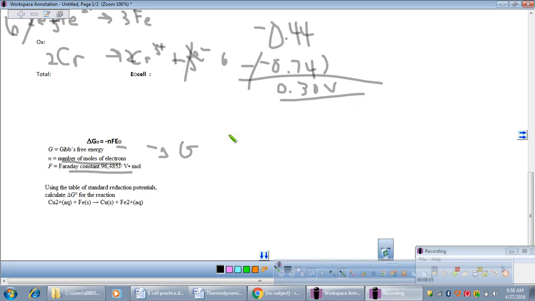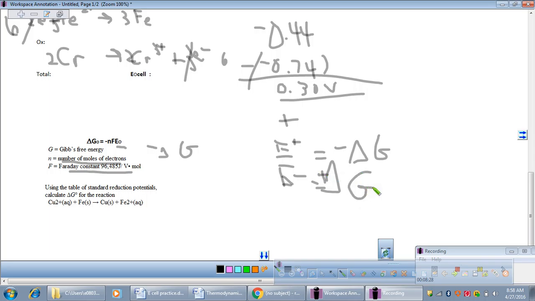So if your E cell is positive, when you multiply it by your negative N, you're going to get a negative number, so delta G is negative. So when E cell is positive, delta G is negative, which means it's thermodynamically favorable. But if E cell was negative, then delta G is positive, and it is thermodynamically not favorable.